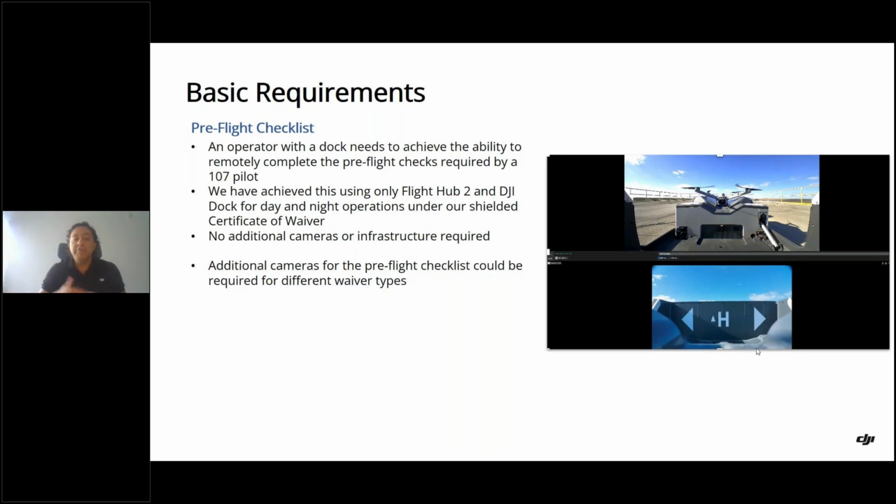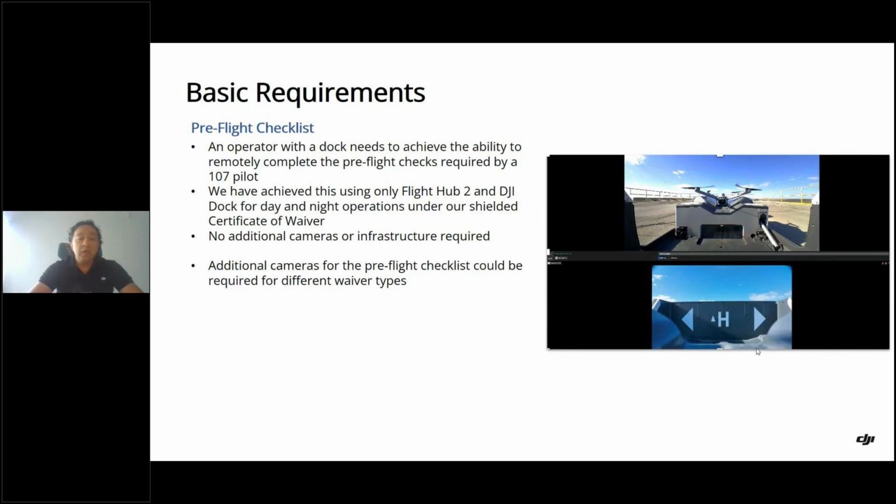So the pre-flight checks need to be achieved by the remote pilot, but remotely. That means you need to do anything that the system has to do. The pre-flight checklist is already included in Flight Hub 2, and we have already achieved this using our baseline configuration, meaning Flight Hub 2 and the DJI Dock.